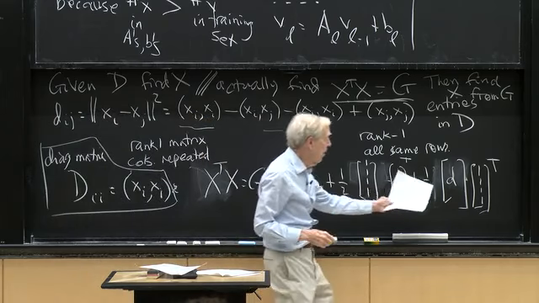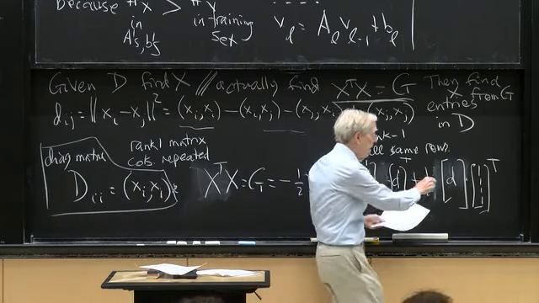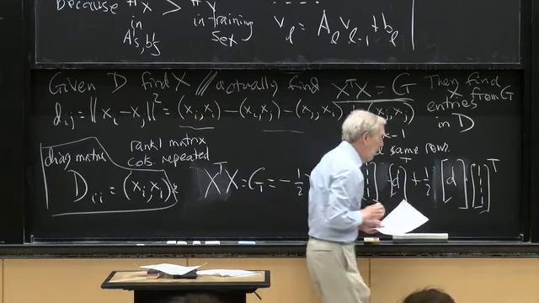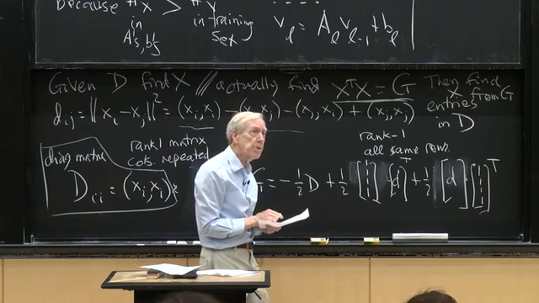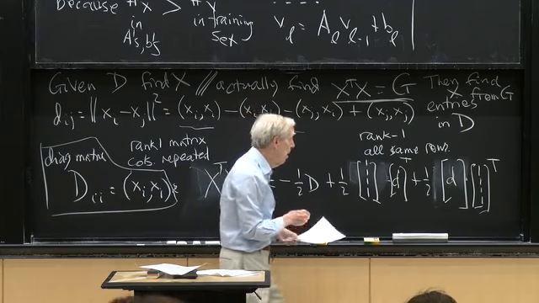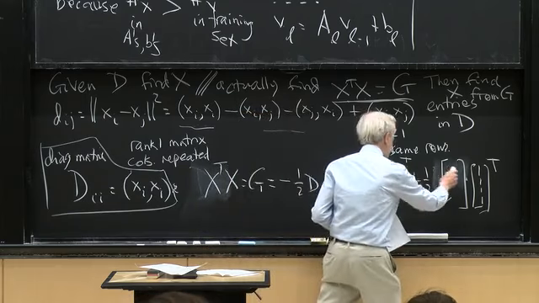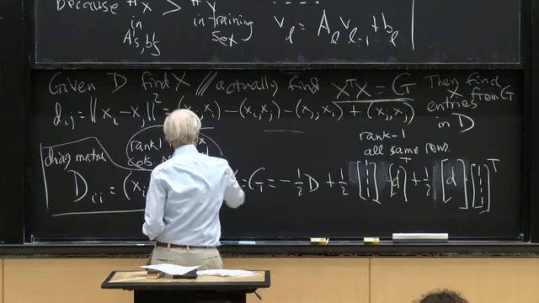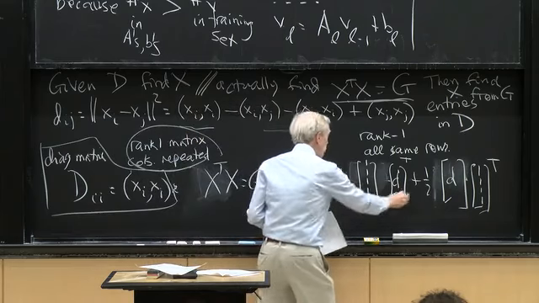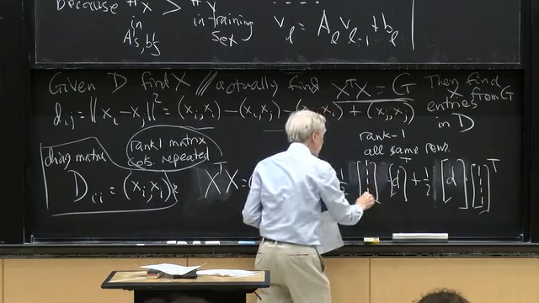So every row in this guy is a multiple of 1, 1, 1, 1. So what is that telling me? That all columns are the same? This part is reflecting these ones where the columns are repeated. This one is reflecting this where the rows are repeated.